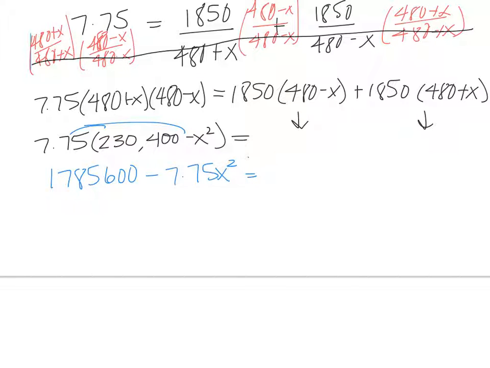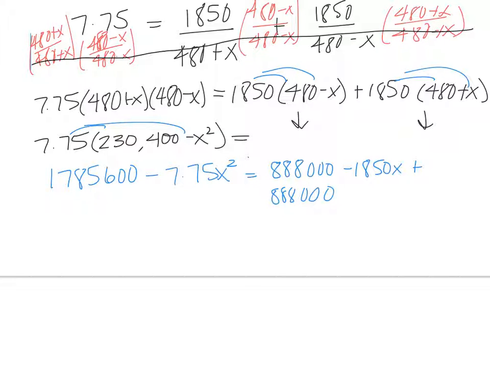That's going to be equal to, now we need to distribute those, 1,850 times 480 is going to be equal to 888,000 minus 1850x plus again 888,000, plus 1850x.